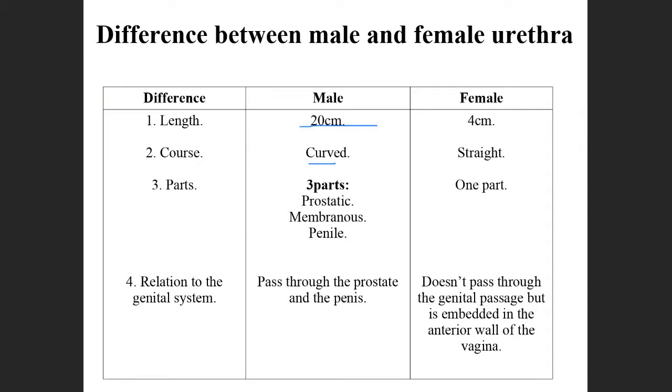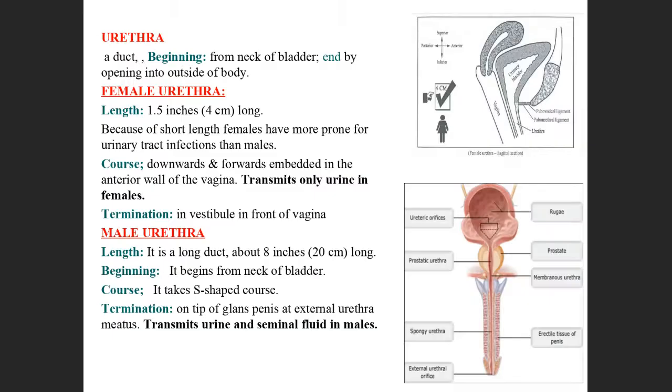These you already know. In the male it is curved, and it has 3 parts. What are the 3 parts? See the previous picture. The part which is present inside the prostate is called the prostatic urethra. There is a small membrane in between the prostate and the penis, and that part is called the membranous urethra.